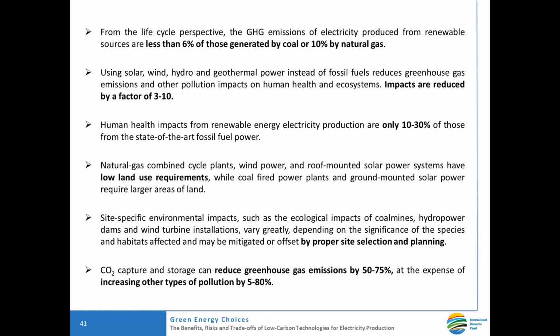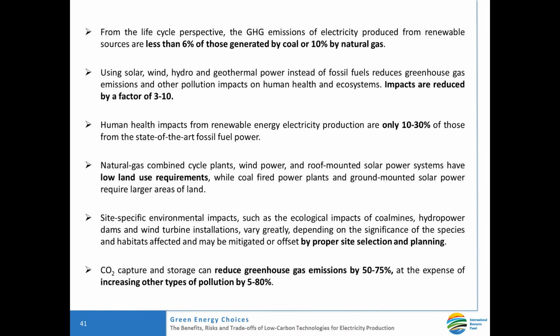These issues have not been addressed in detail in our scenario modeling because we didn't model the sites at which future power plants would be installed. However, we read in the literature that these impacts could be mitigated or offset to a significant degree by proper site selection, planning, and a careful implementation of the projects.